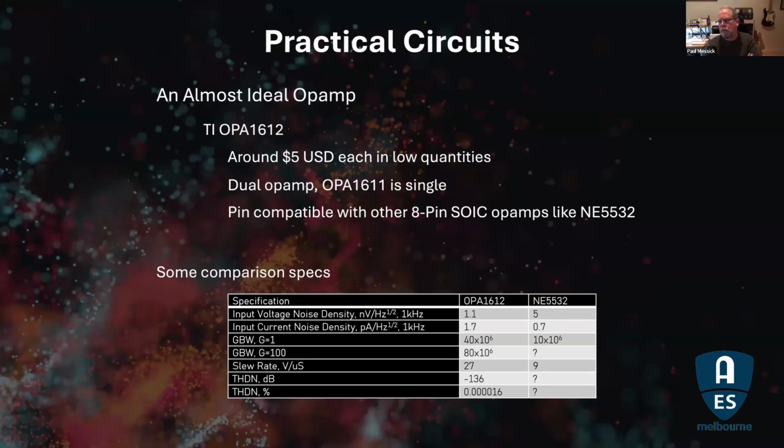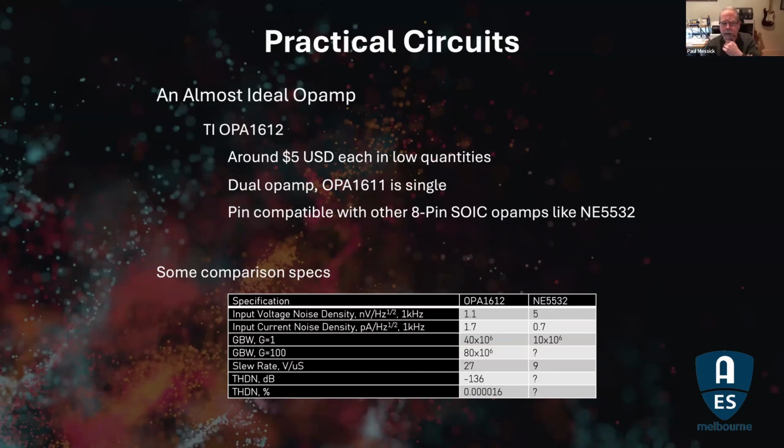And the 1612 was lousy, and we couldn't figure it out until I realized that the current mode DAC was a very high impedance source, and this current noise was the thing that was the issue. We ended up replacing the $5 op amp with the 25-cent one and got the performance that we needed out of it.